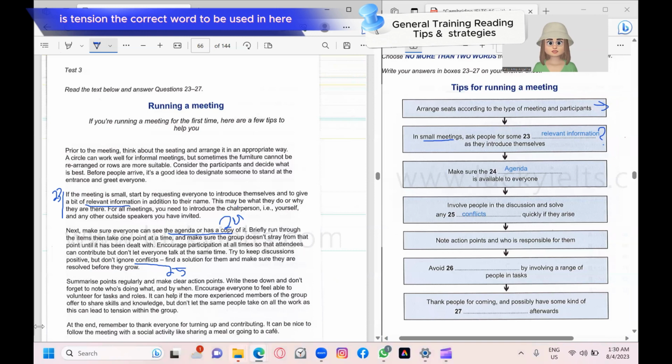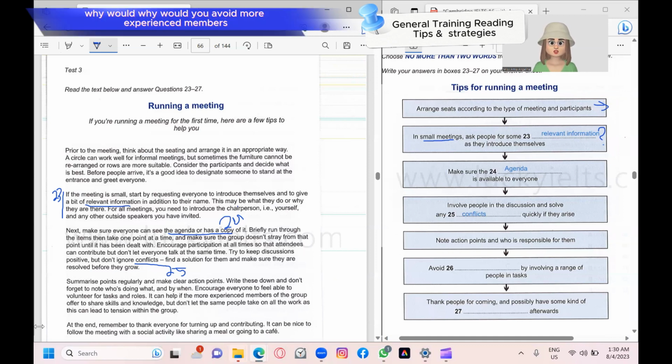Is tension the correct word to be used in here? Bilal? No, ma'am. Then what should be the correct word? Avoid blank by involving experienced members. Avoid experienced members? Why? They are saying that include them. They're not saying that exclude them. Involving the people, take them in.